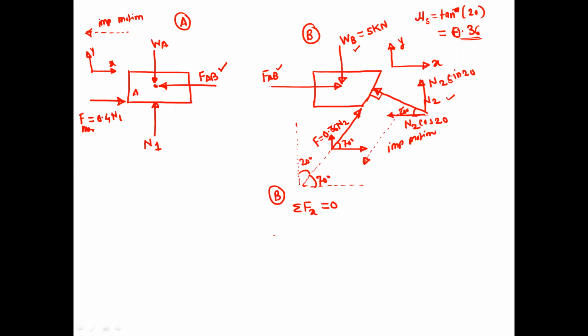For summation Fx, first is the force AB, then this X component, minus N2 into cos 20, then plus 0.36 N2 into cos 70, equal to 0.